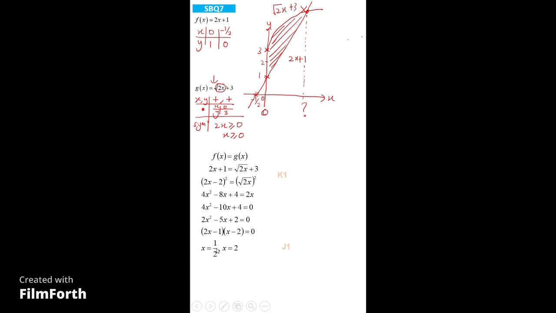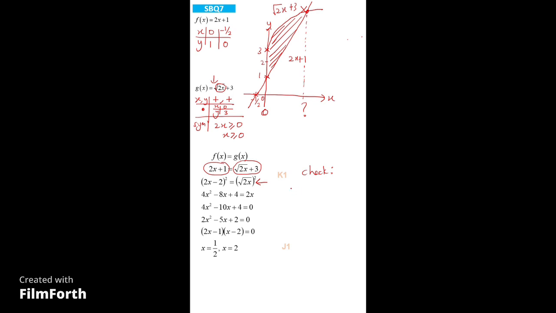But since during the process of solving the equation you squared both sides, you need to check whether 2x plus 1 gives the same answer as the right hand side.